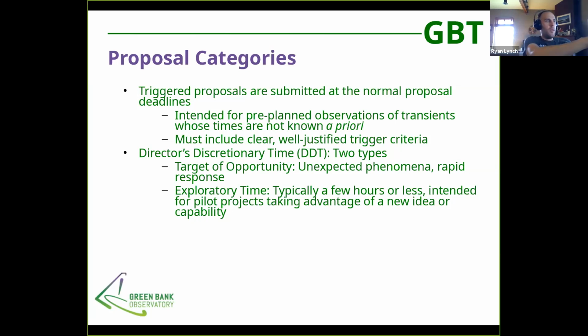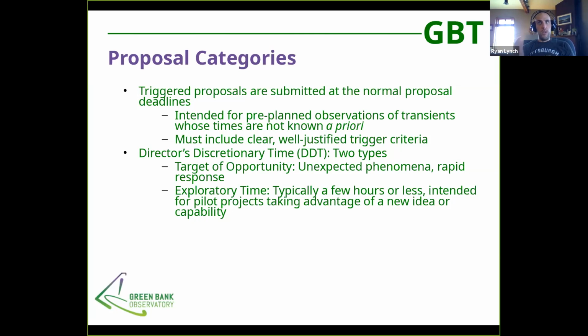So first of all, let me real quick go over what DDT proposals are, and then I'll circle back to that. So there's 2 other types of proposal categories. Triggered proposals are submitted at the normal proposal deadlines, but you don't necessarily know what you're going to observe in advance. So you might say, we want to observe a magnetar when it goes off, but we don't necessarily know when that's going to happen. So you have to include very clear trigger criteria.